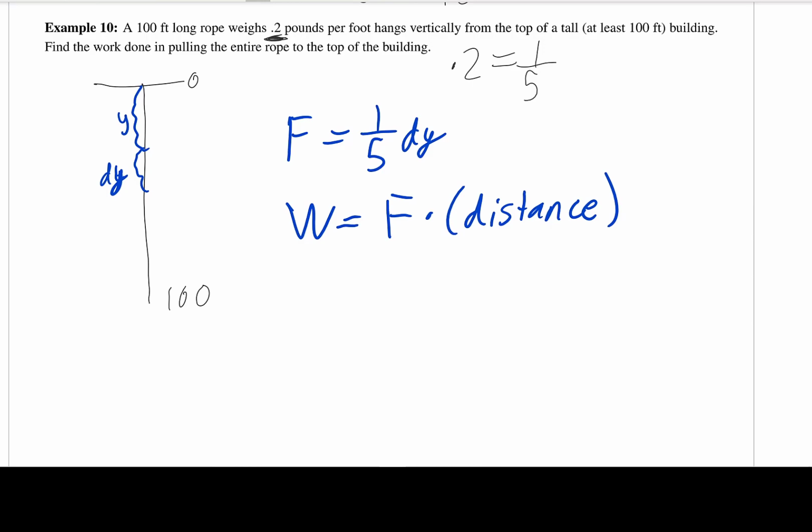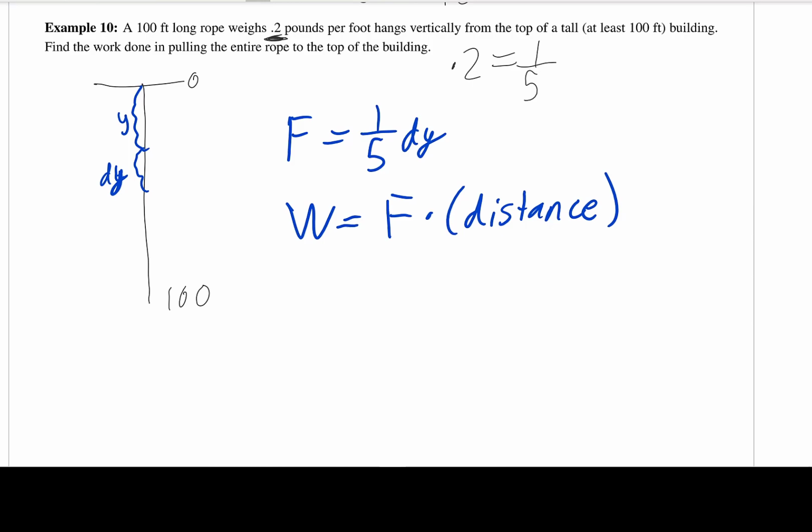A different way to think about that is, if we've pulled all of this rope to the top of the building except for 1 foot, then the weight of what you have remaining to pull up is only 0.2 pounds, right? It's going to be something that's fairly easy to pull up. However, if you were the person that had to pull when it's at 100 feet long off the side of the building, then you're pulling something that's 20 pounds. You're not pulling just that 0.2 pounds for that 1 foot. Okay?